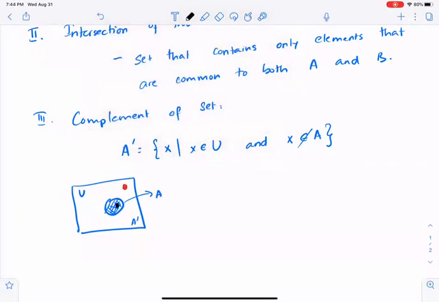The black dot will be in A, but it is not going to be in A complement. So if the element is in A, it cannot be in A complement. If it is in A complement, it cannot be in A. So by all means, A complement is not A. Anything that is not A. So easy hint, A complement simply means not A.